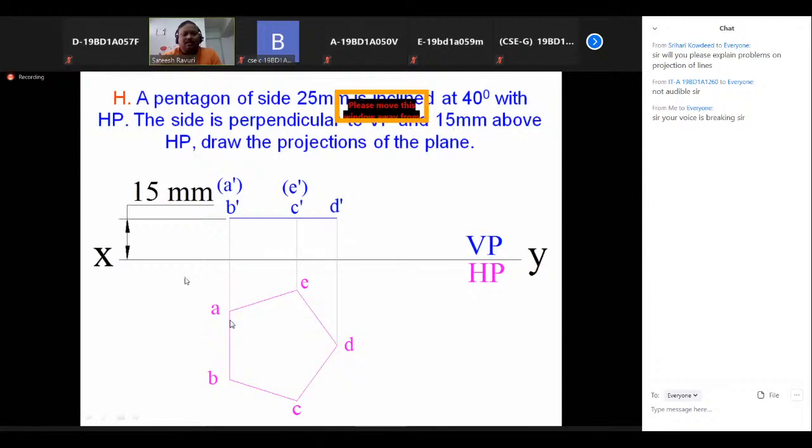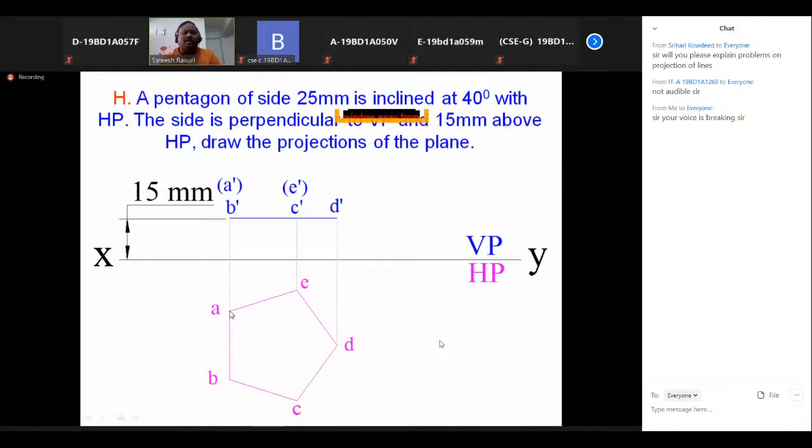The side is perpendicular to VP and 15 mm above the horizontal plane.